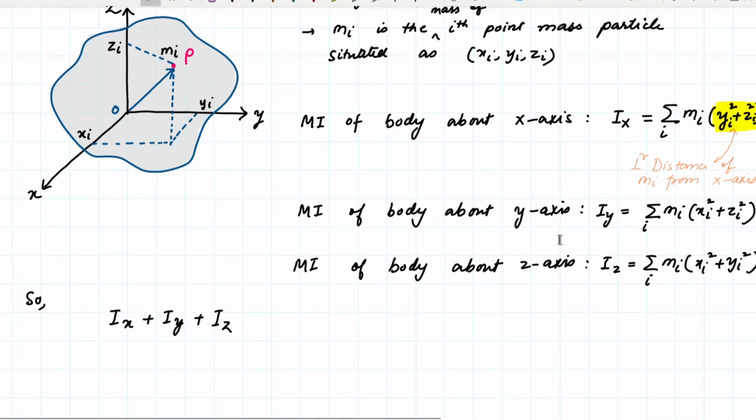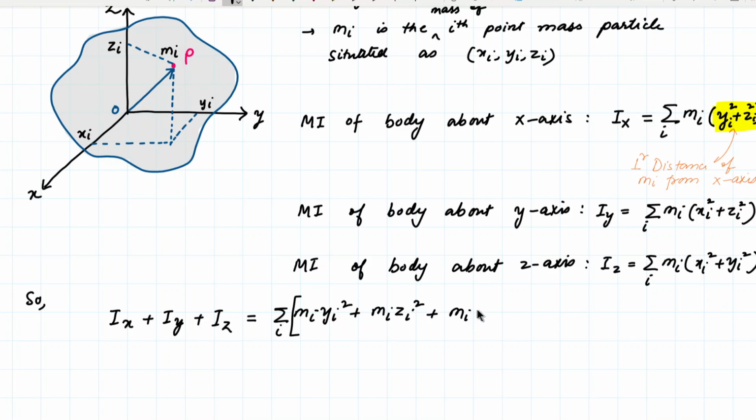Okay, so Ix plus Iy plus Iz is equal to summation over mi xi square, plus mi yi square for x, plus mi zi square plus mi xi square plus mi zi square plus mi xi square plus mi yi square.